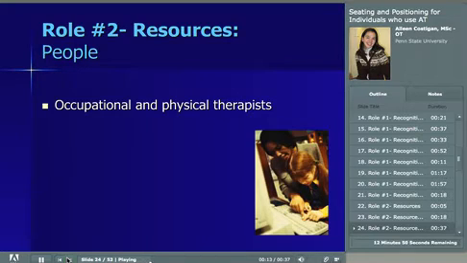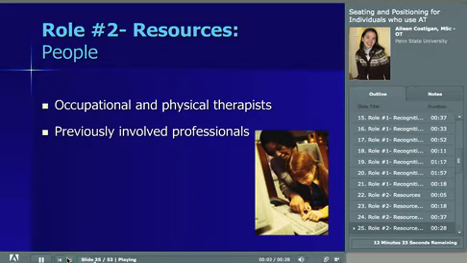Remember that not all occupational and physical therapists go on to be highly trained specialists in seating and positioning, and thus may or may not have skills to handle more complex cases. But at the very least, they should be able to provide suggestions and guidance in simpler cases, and should be able to redirect you to specialists should they feel the case is outside their level of professional competence.